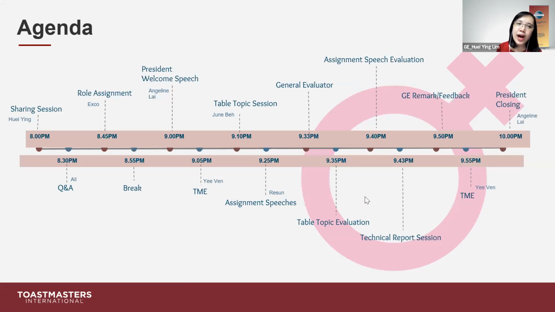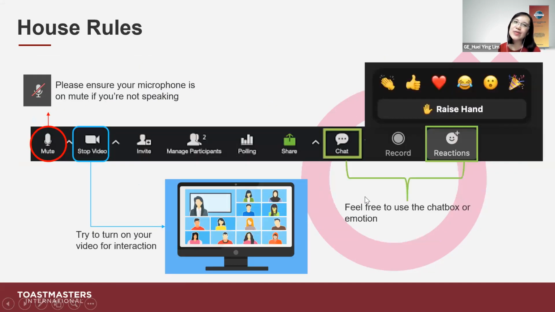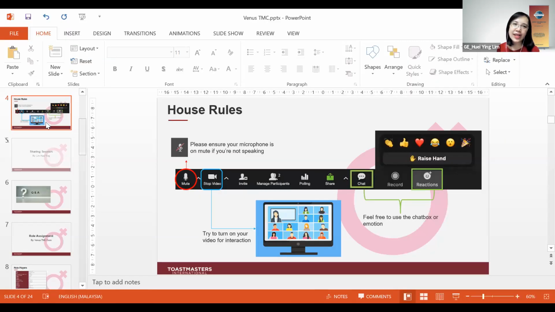After her TME introduction, Yvonne will pass it on to June, who is our table topics master for tonight's meeting, followed by the assignment speaker. We have Risan, who will be doing her icebreaker speech, followed by the general evaluator session.